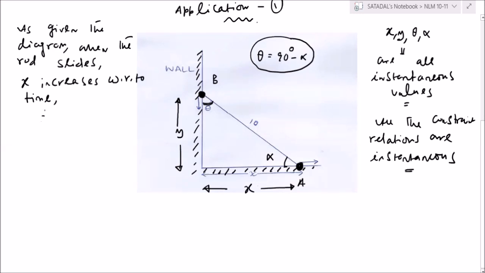So if x increases with respect to time, dx dt is positive, and we can write va is equal to plus dx dt. Is that point clear to everyone? Please respond. So this is va.